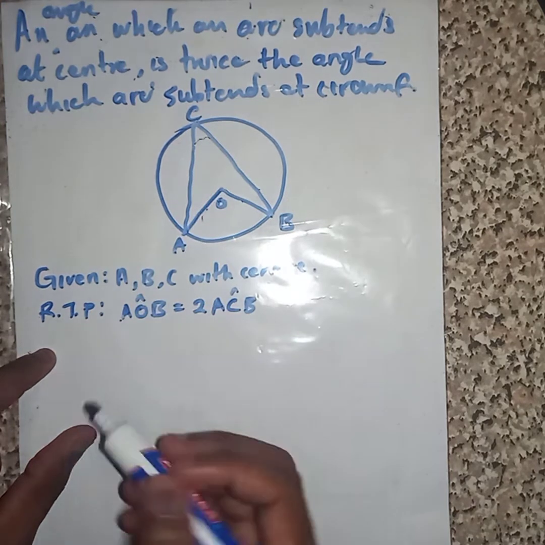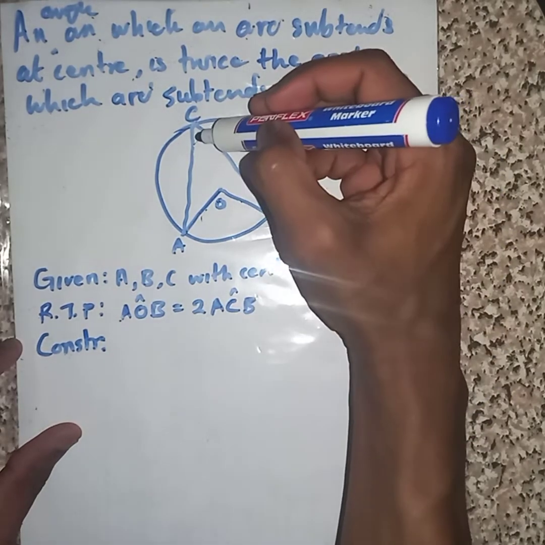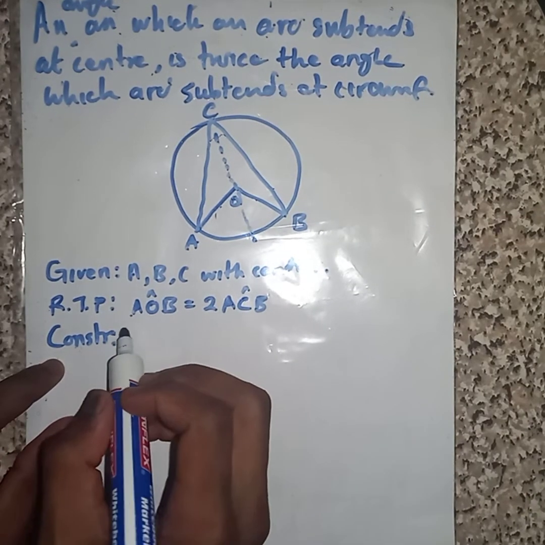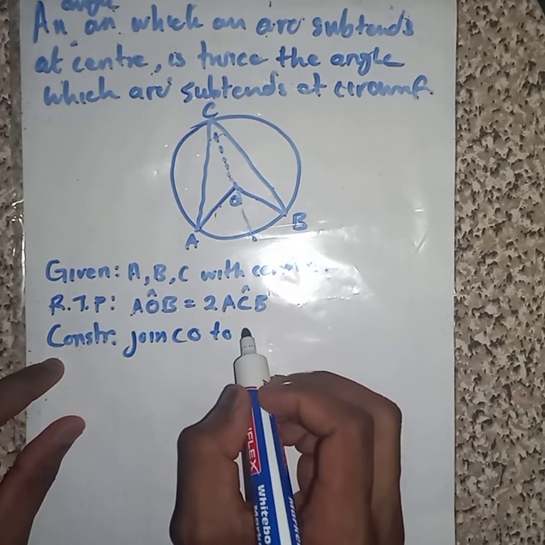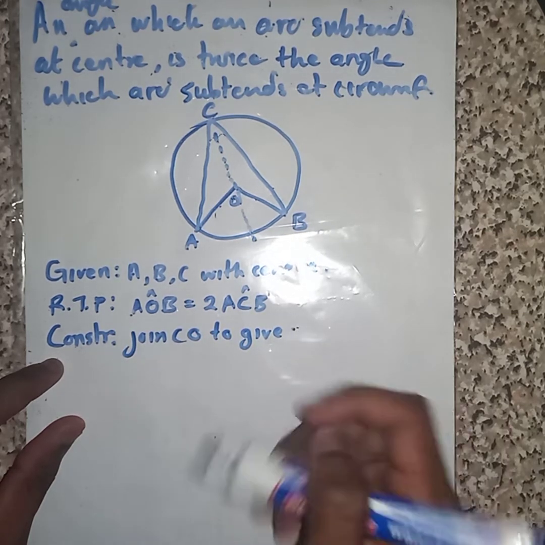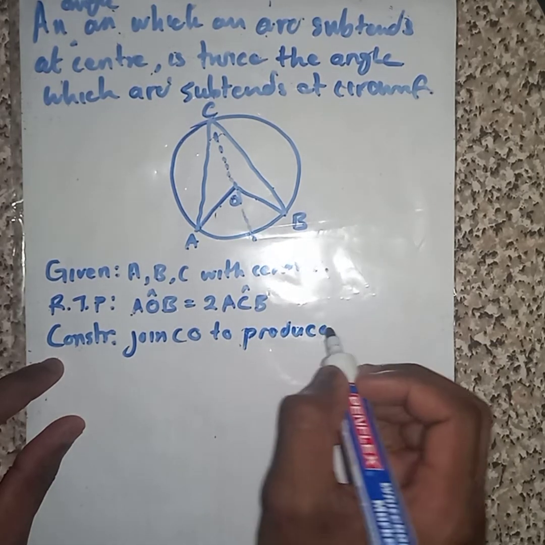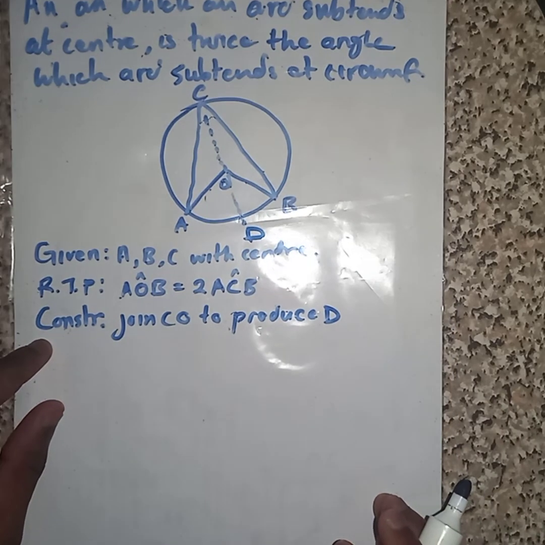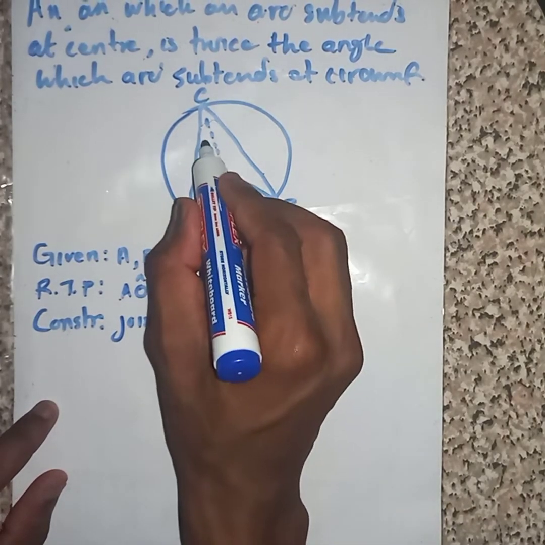So simple. Let us construct. Okay. We are going to join CO and produce it somehow, let's say to D, somewhere there we have D. Then at this point you can label 1, 2 this side, label 1, 2.